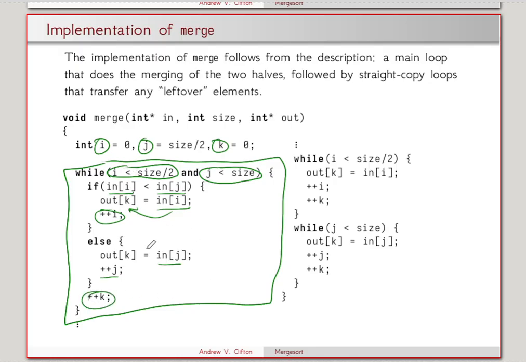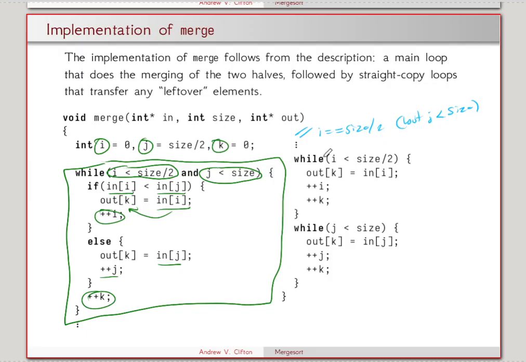k. When this loop here is done, that means we've finished the merge part, but there's still probably at least one thing left over on the other side. So if I get over here, following that main loop, I know that either i is equal to size over 2, but that means that j is less than size.